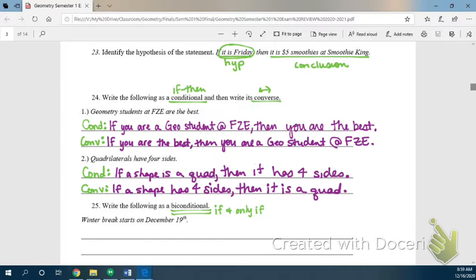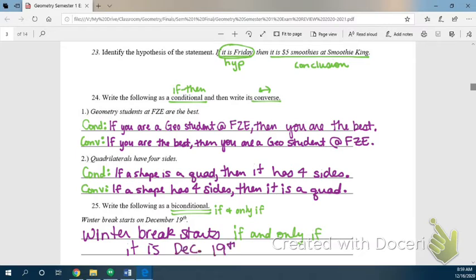So the biconditional would be winter break starts, and then your key words, if and only if it is December 19th.